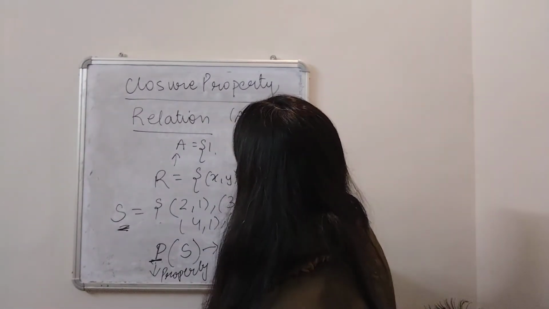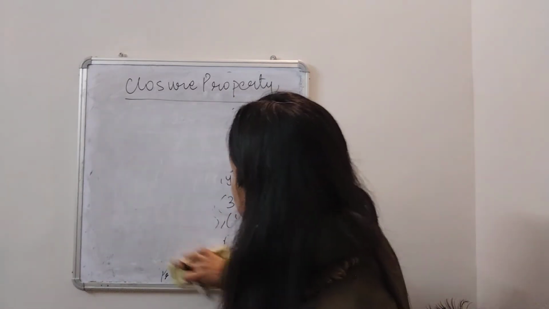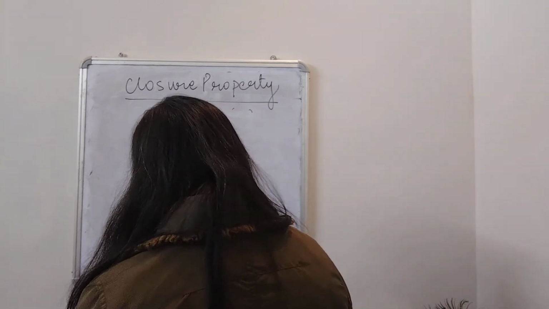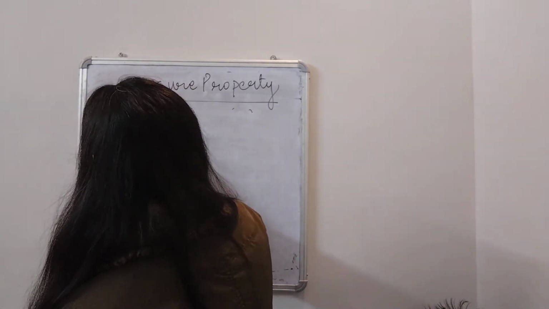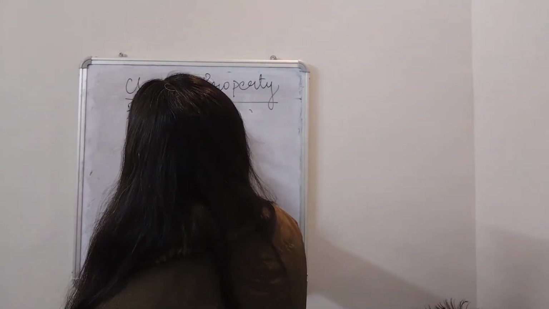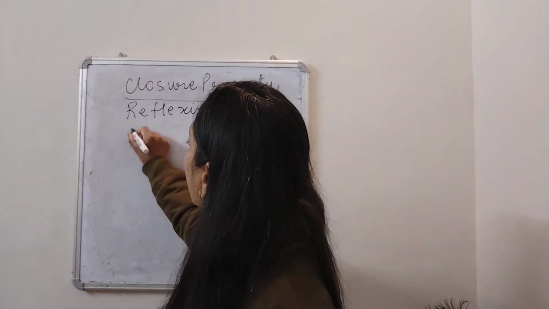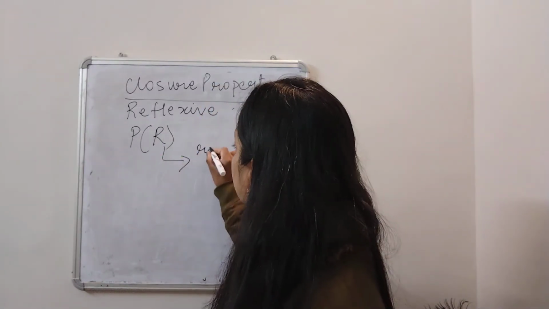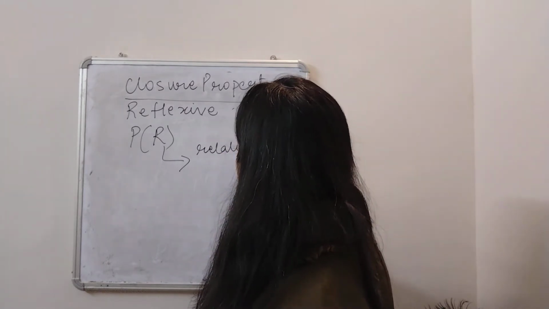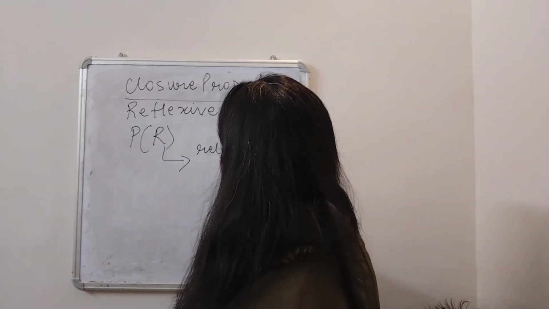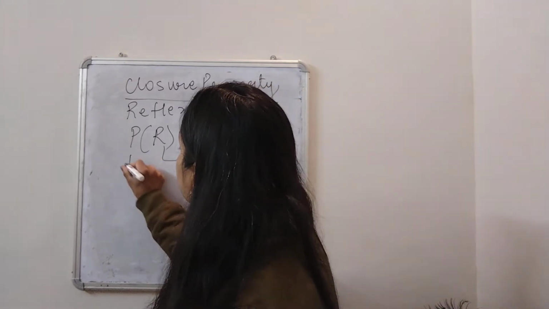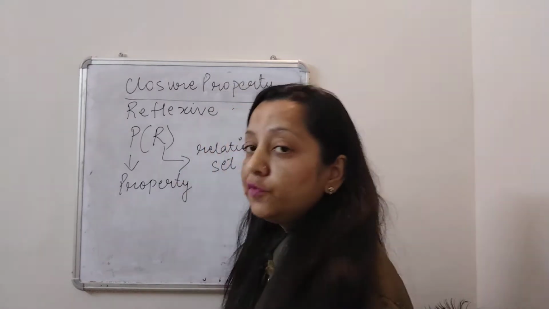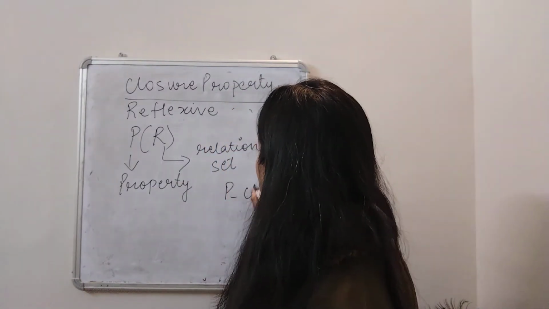Now let us see this with the help of an example. If it is a reflexive property, if the relationship is reflexive, then as per PR, R here is representing the relationship set, and P here is representing the property of that relationship set, which we call the P closure.